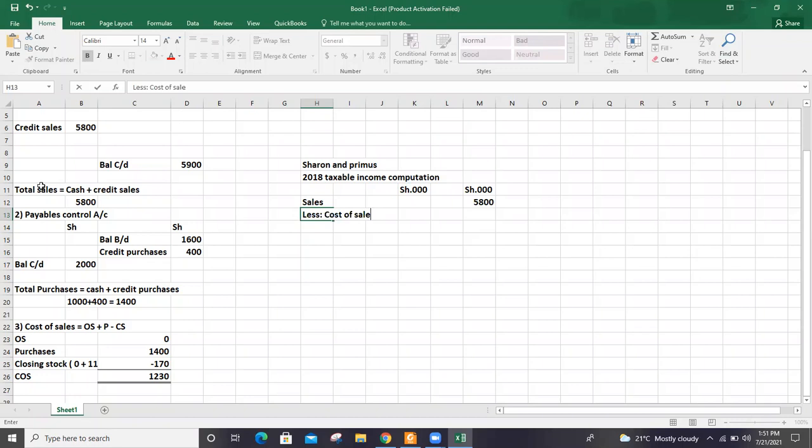Yeah, 1230. The cost of sales is negative of this, and we get the gross profit, right? So gross profit equals 4570.